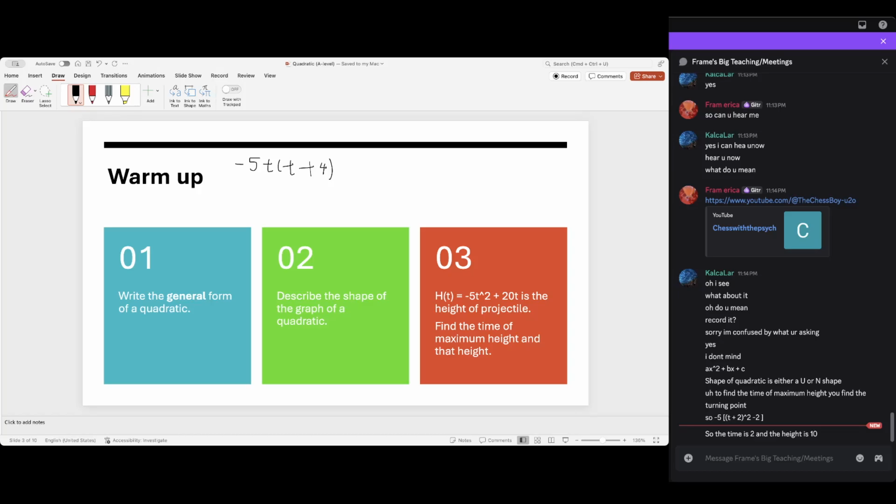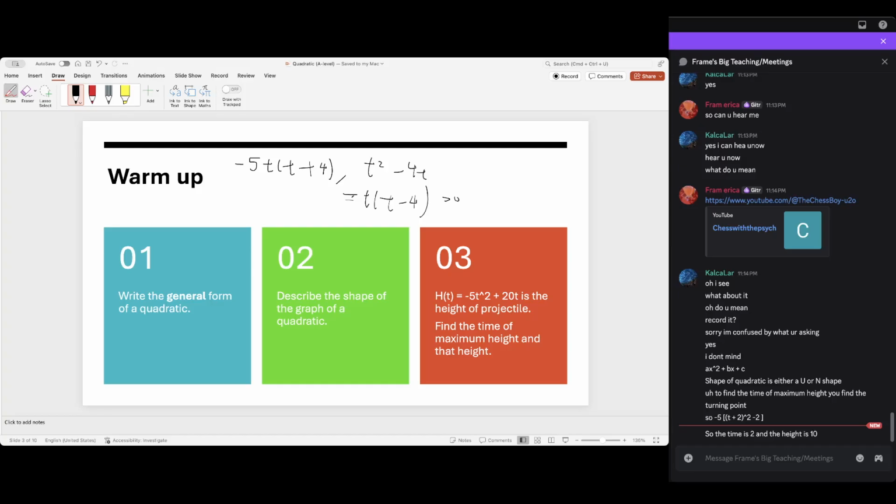Here we also have, we divide by minus 5t squared minus 4t. And we have a t minus 4, and this will be the zero points.